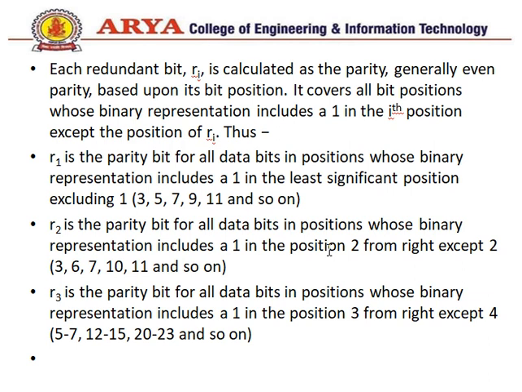R2 is the parity bit for all data bits in positions whose binary representation includes a 1 in position 2 from the right, except 2: 3, 6, 7, 10, 11 and so on. R3 is the parity bit for all data bits in positions whose binary representation includes a 1 in position 3 from the right, except 4: 5 to 7, 12 to 15, 20 to 30 and so on.